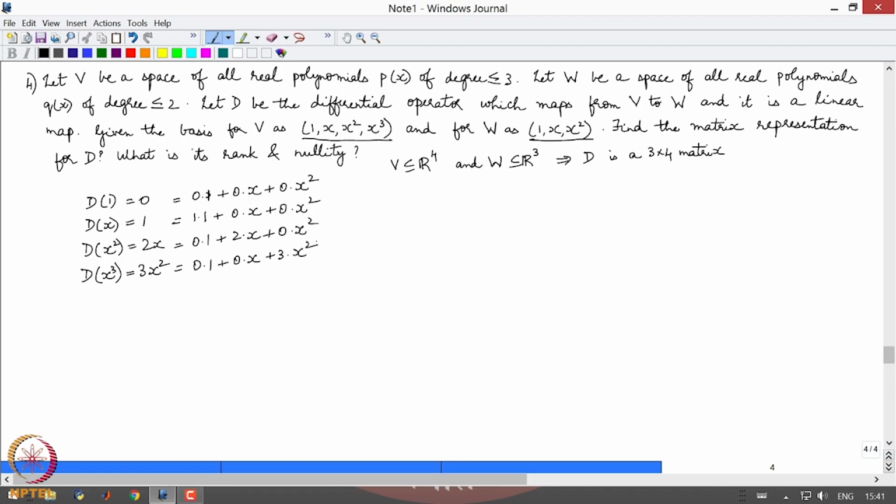Now, I will put these as the columns of my matrix representation. The first column will be 0 0 0, these are the coefficients, the second column will be 1 0 0, the third column will be 0 2 0, and the fourth column will be 0 0 3.